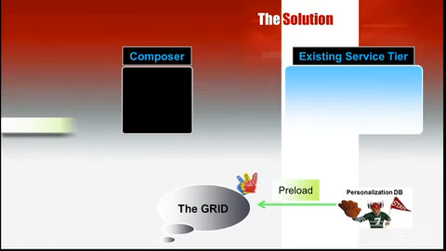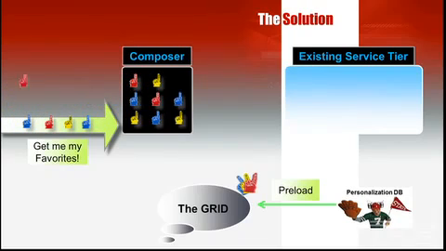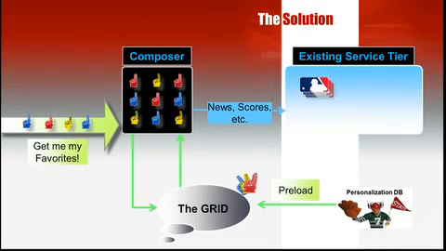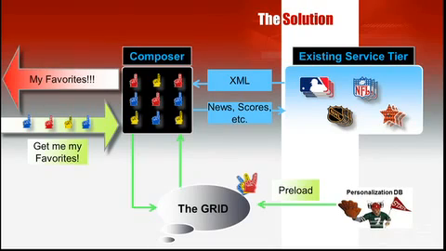So let's see it in action. A user request comes in, or in our case, thousands and thousands come in at the same time. They queue up on the composer, and the composer knows how to talk to the grid. It goes to the grid and gets your preferences. Again, lightning fast, sub-millisecond response time. The composer now knows, based on your preferences, which of our services to go to. So for example, if you're an MLB fan, we'll go to the MLB service.